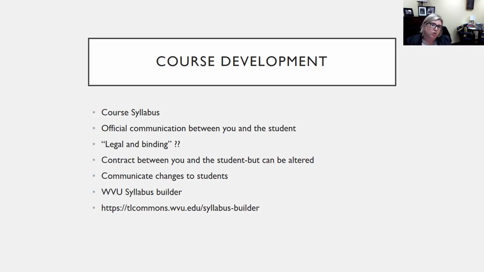If you were actually building a course syllabus for WVU, these are the things that the Faculty Senate would want to see in your course prior to submitting it for approval. We're going to use just a Word template that I've adapted from some of our course syllabi for this process. But if you want to see what WVU would require, you can use the syllabus builder site.